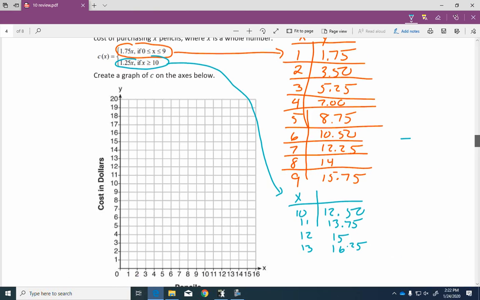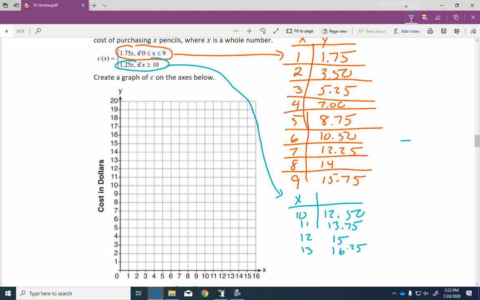And like I said, this is considered a discrete function. So I'm going to plot, I'm going to estimate where $1.75 is. And I'm plotting the first table that I wrote down and just estimating where these points are.